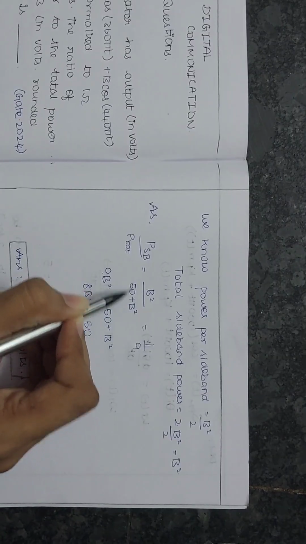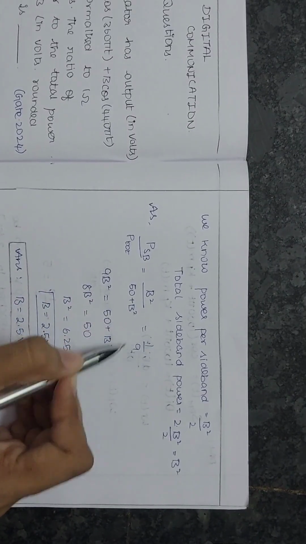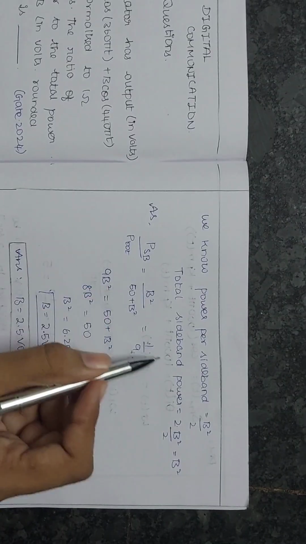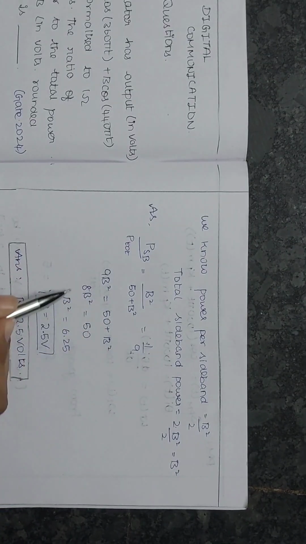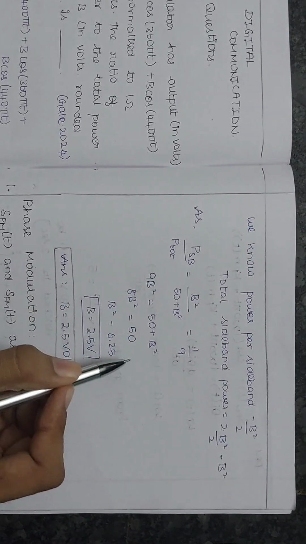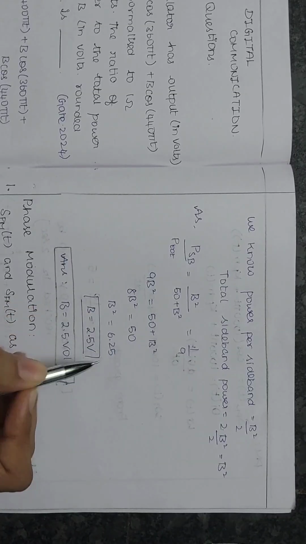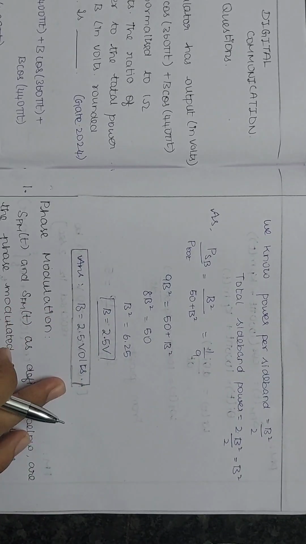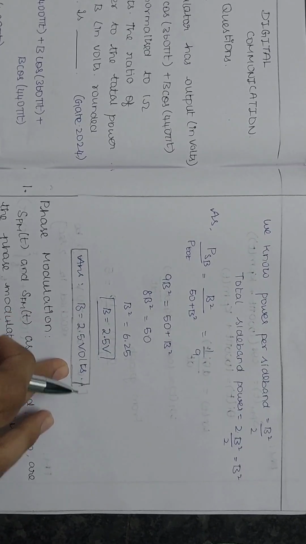So B squared over 50 plus B squared is equal to 1 by 9. We cross multiply: 9B squared is equal to 50 plus B squared. So 9 minus 1, 8B squared is equal to 50. B squared is equal to 6.25, so B is equal to 2.5 volts. They asked us to find the value of B, and we found that B is equal to 2.5 volts, the amplitude of the sideband.